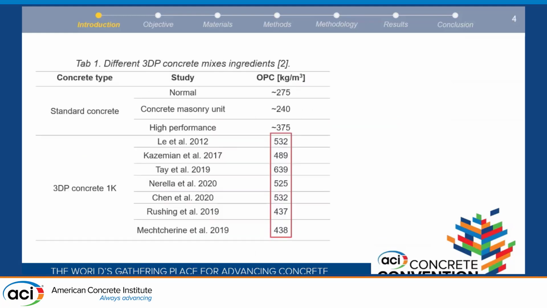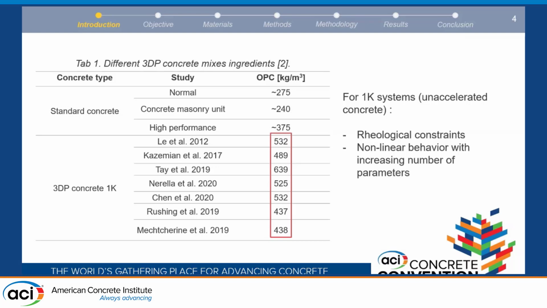However, if we consider 3D printing concrete materials in the literature, especially 1K systems, which correspond to unaccelerated concrete, as opposed to 2K 3D printing systems which include a secondary mixing with accelerating admixture in the print head, we can see that they have pretty high cement content.